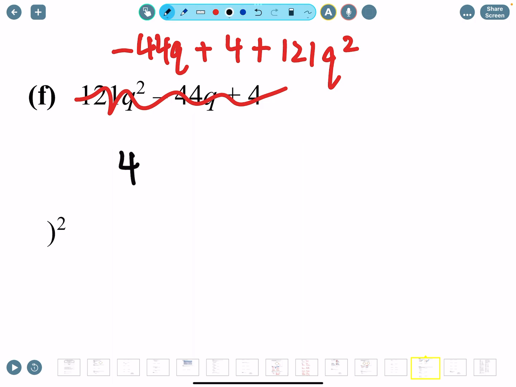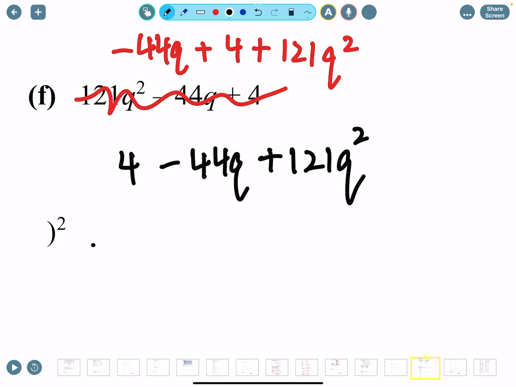So you can put the 4 in the front and then minus 44q in the middle. The weird one is always in the middle. And then the last one, 121. You should know it's 11 squared, and q squared is just q squared. So you can change the last one and the first one into a square number. So 4 becomes 2 squared. This is a minus 44q.